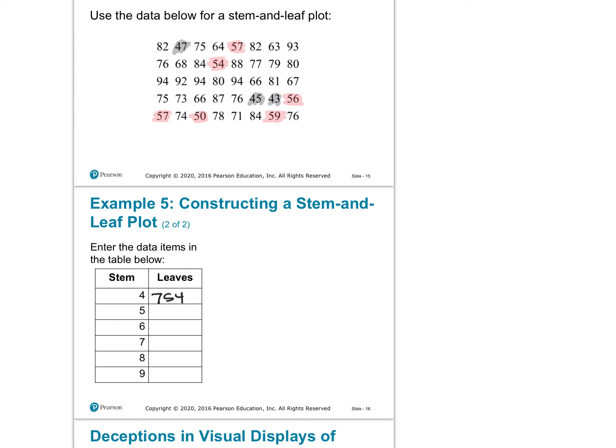So for this one, 7, 4, 6, 7, 5, 0, and 9, in order of the numbers as it appears. So go ahead and finish out the rest of that leaf plot, and then you can come back and check your answers.